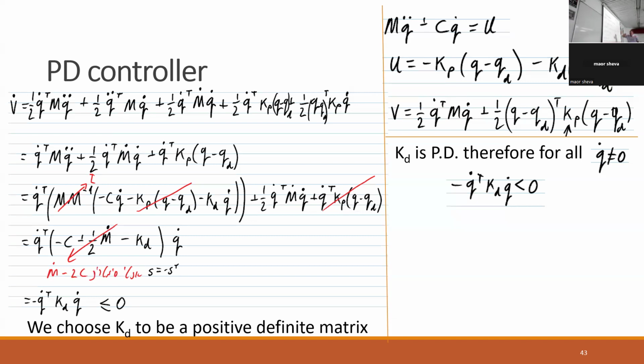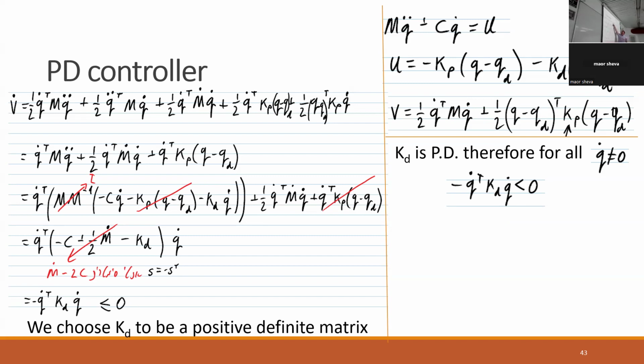Now the next line. Since M is symmetric positive definite, q dot transpose M q double dot and q double dot transpose M q dot are the same. So I have half here, because the transpose is the same, and we get q dot transpose M q double dot. Then we have plus half q dot transpose M dot q dot.